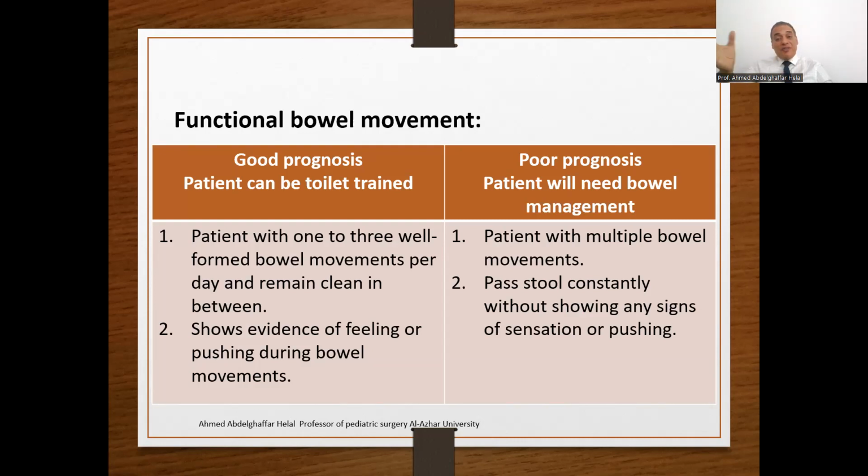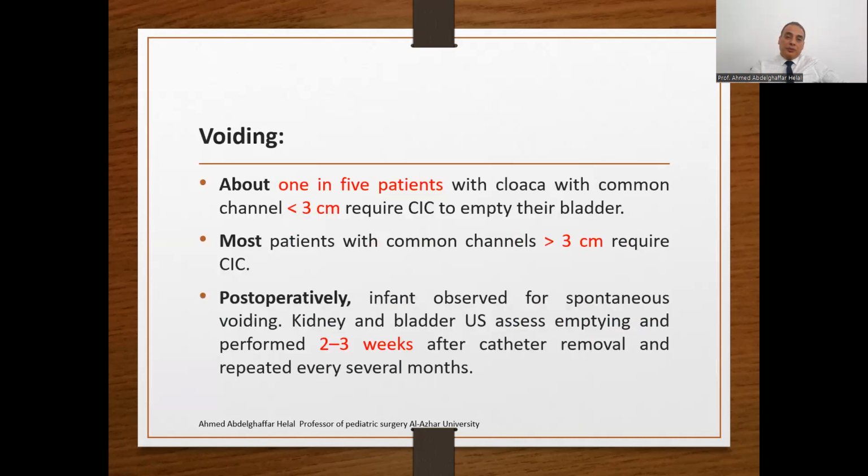On the other hand, if the patient presents with multiple bowel movements, passes stool constantly without showing any signs of sensation or pushing, in such a case we may suspect a poor prognosis, and this patient may require bowel management. On the good prognosis side, the patient can be toilet trained and will be near normal.